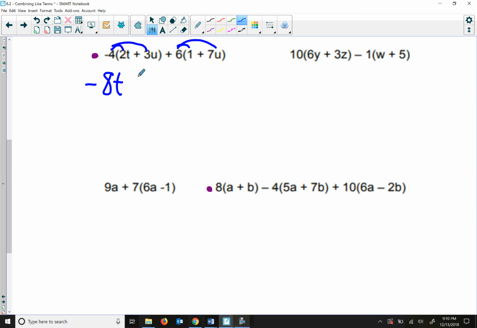Negative 4 times 3 gives you negative 12u. And then that back distribution, so with this 6 here, it's positive, so you don't really have to worry about anything there. 6 times 1 just gives you 6. 6 times 7 gives you 42, so that would be plus 42u.